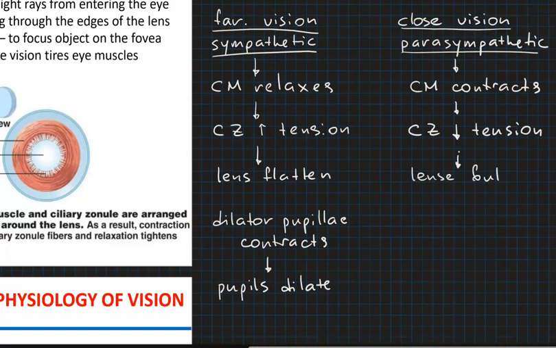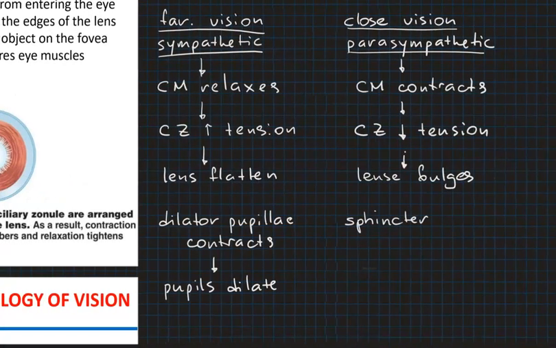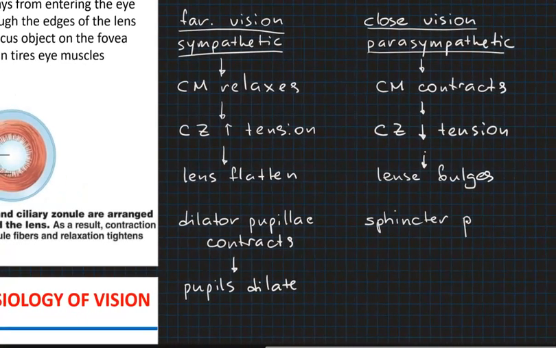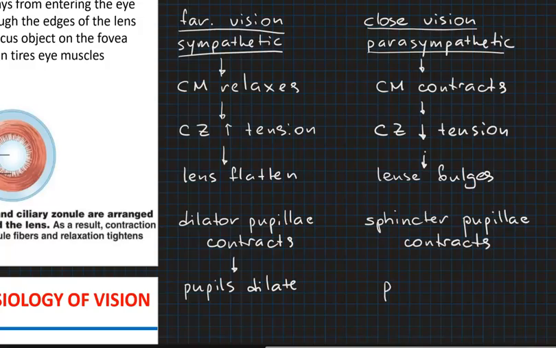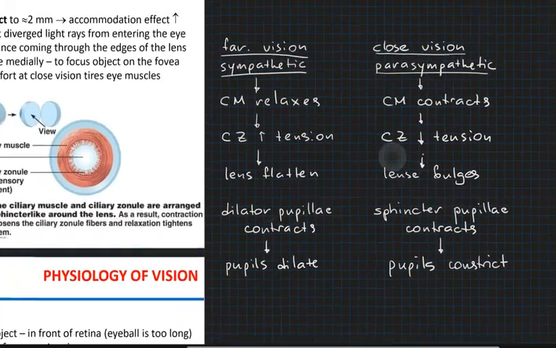Lens bulges because of its elasticity, and at the same time sphincter pupillae contracts, pupils constrict.